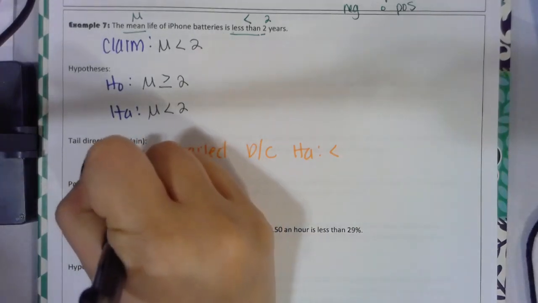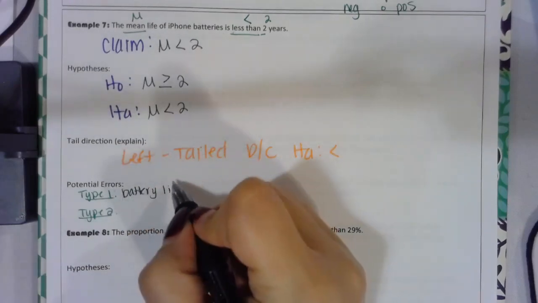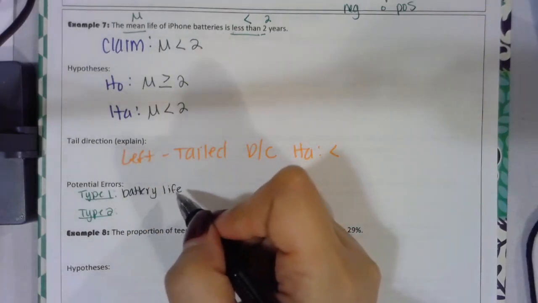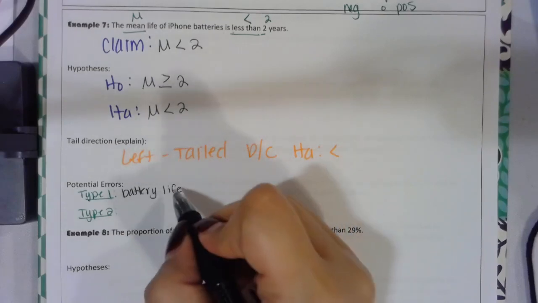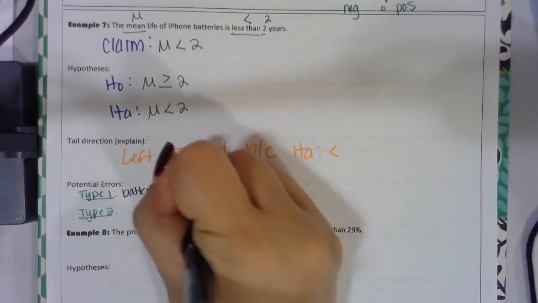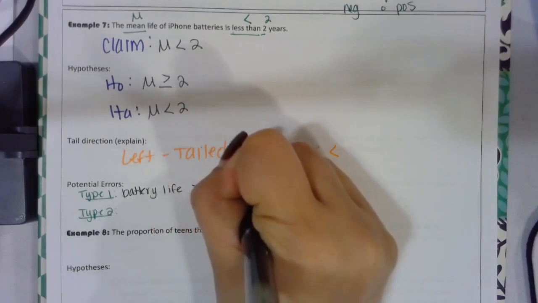Your first step on determining the type 1 is to state your null hypothesis is true. So battery life is greater than or equal to 2 years.